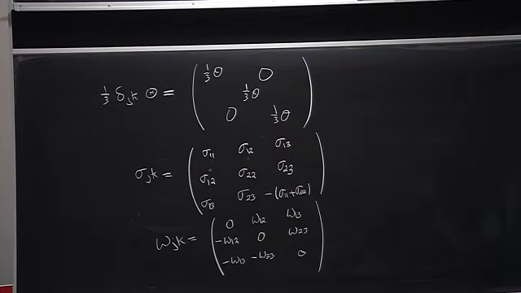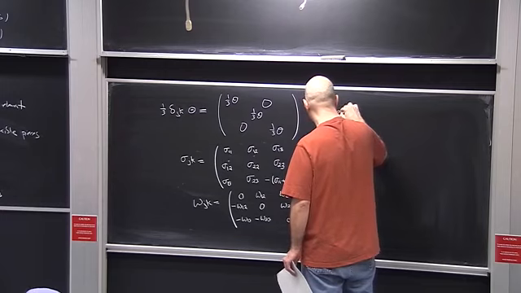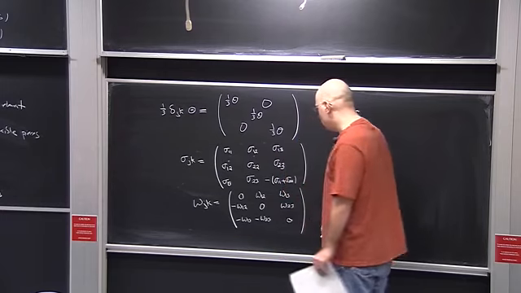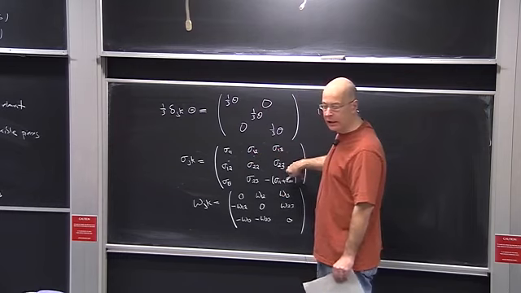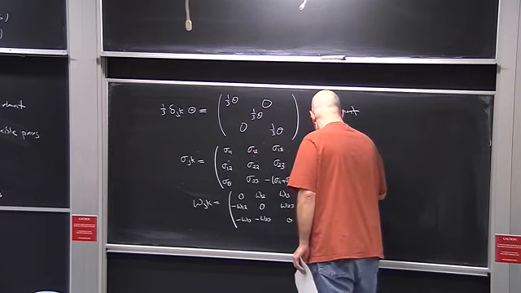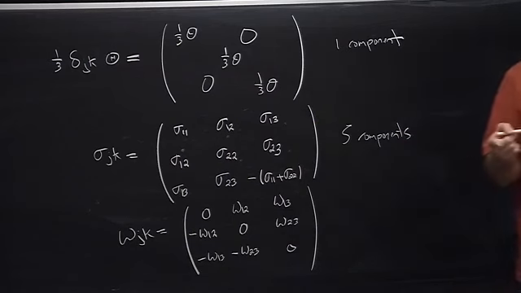So if you count the components, we have one component up here. We have 1, 2, 3, 4, 5 here. It would be 6 for a symmetric matrix, but we remove the trace, so we get one less.